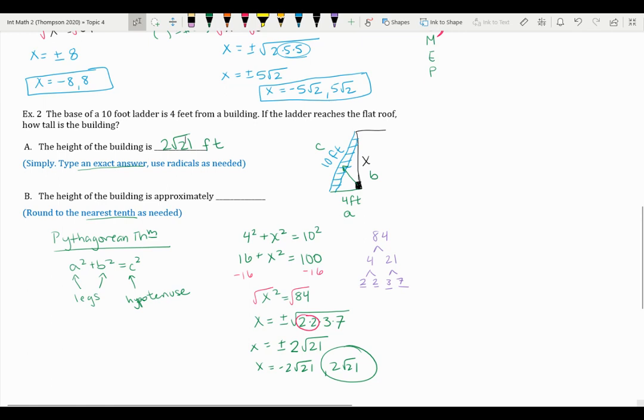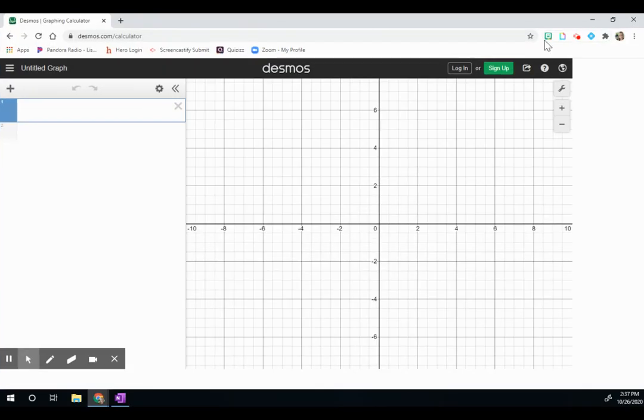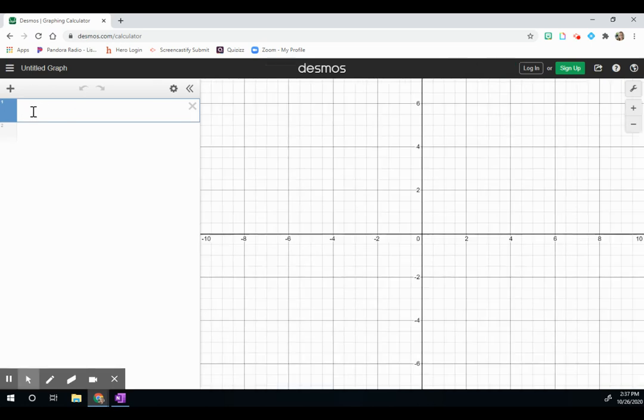So now what you're going to do is you're going to get out your handy dandy calculator, or you're going to use Desmos, and I'm going to pull the Desmos screen over right now. Okay. And yes, this is a graphing calculator, but I can also just use this window right here as a calculator. So when I want to type 2 radical 21, I can do that in a couple different ways.